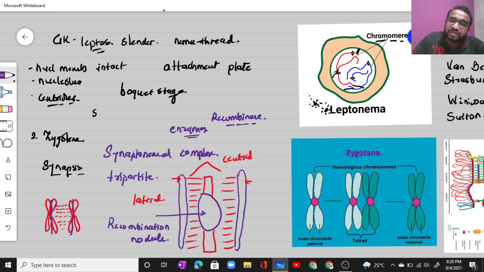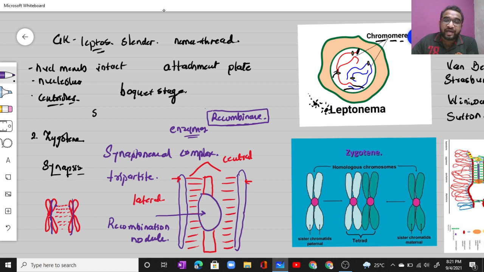This recombinase enzyme again has different types of enzymes, which we will study in the next stage, that is the packaging stage. This recombinase enzyme helps in the process of recombination of the chromosome segments, which are transported from one chromatid to another chromatid. But this is all about the zygote over here.